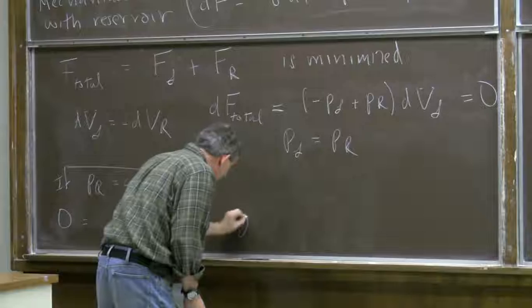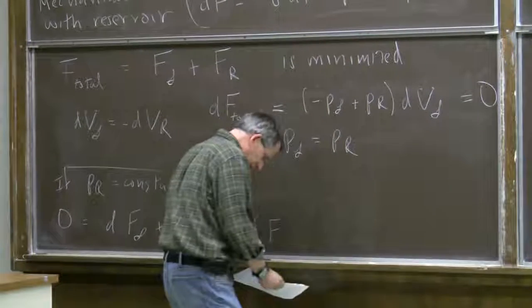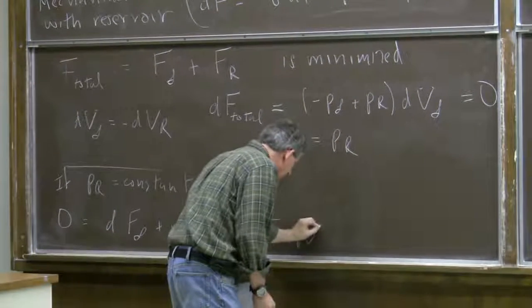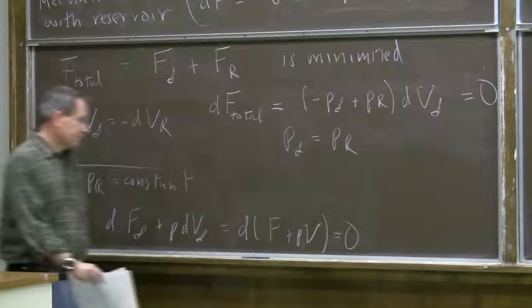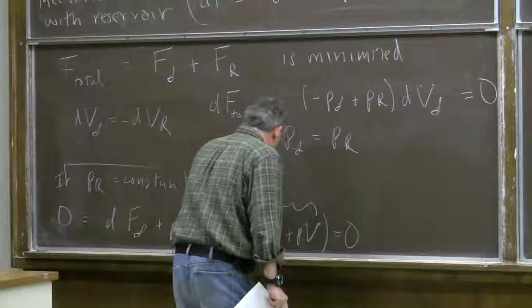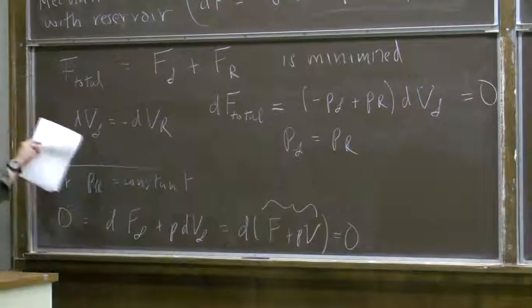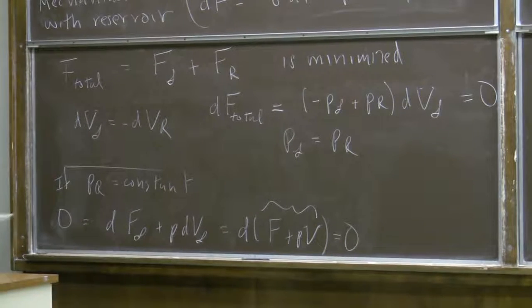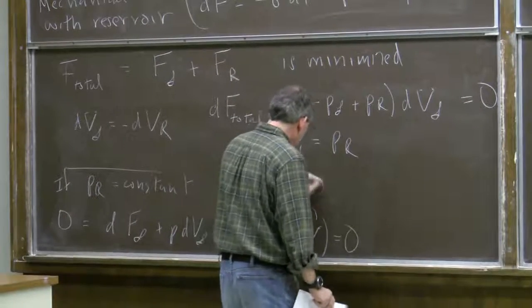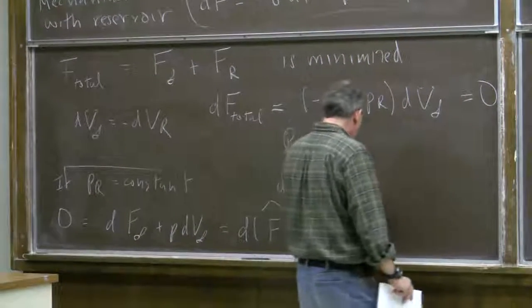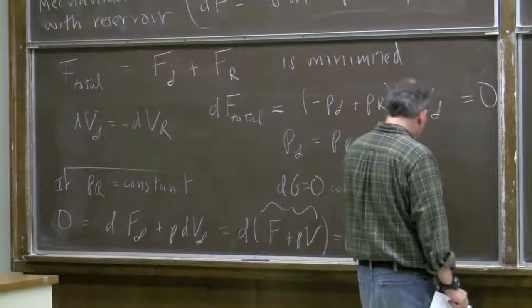Or in other words, the first order change in F plus PV is 0. So in thermal and mechanical contact with the reservoir, dG is equal to 0, where G equals F plus PV.